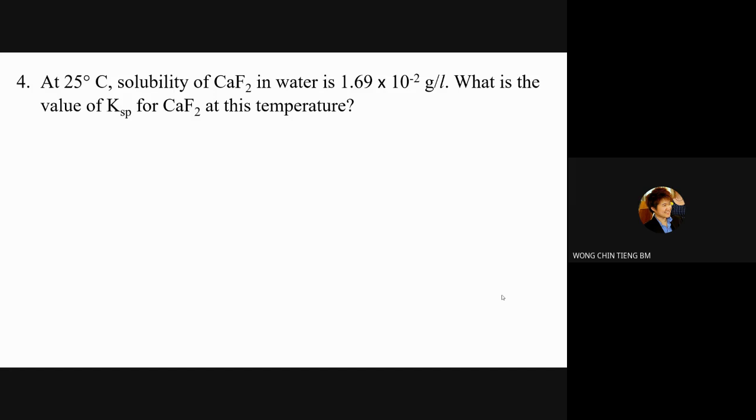Not the same yet? Not the same. Why? 0.52, the number here, 10 to the power. Lucky, right?